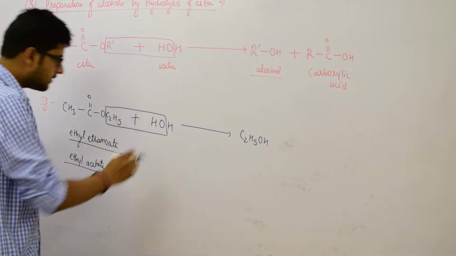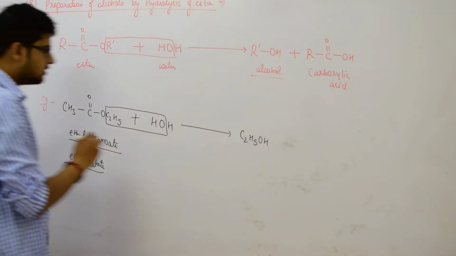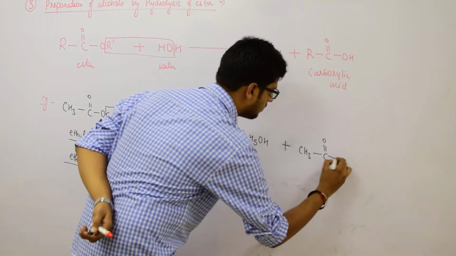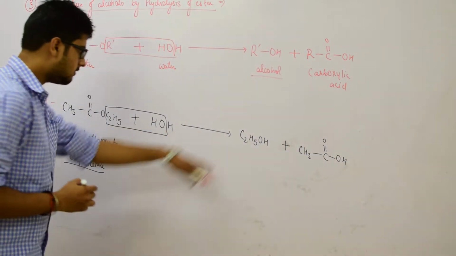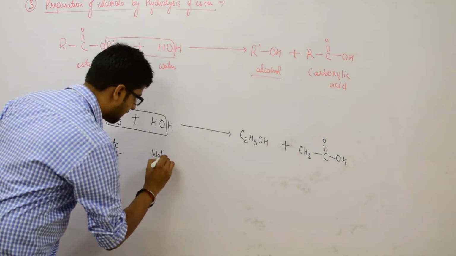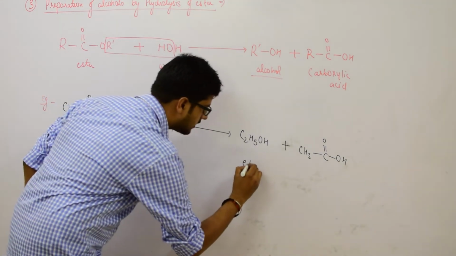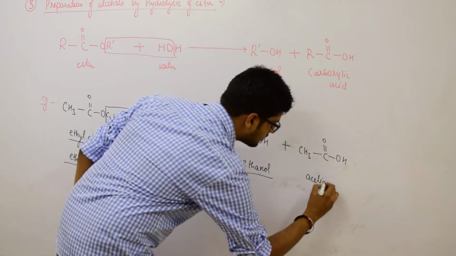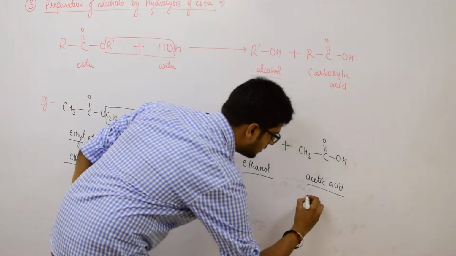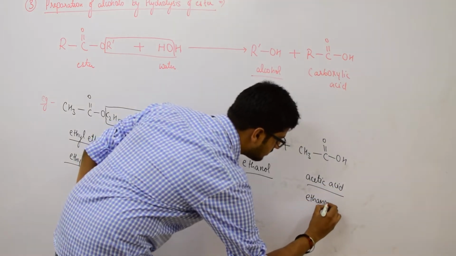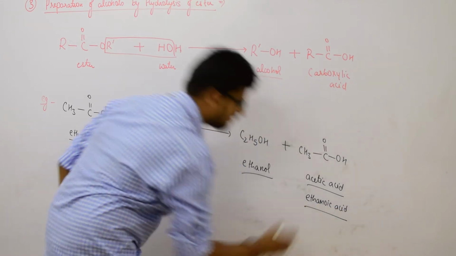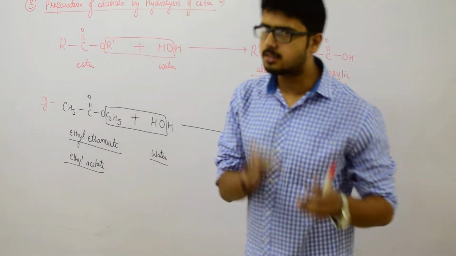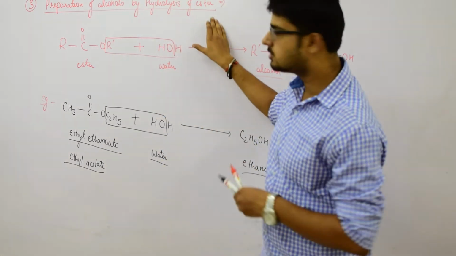This is our alcohol, ethanol, and this hydrogen combines with this oxygen to form CH3COOH, which is acetic acid, its common name, and the IUPAC name is ethanoic acid. Okay. So this was our third general method of preparation of alcohols, that is by hydrolysis of esters.